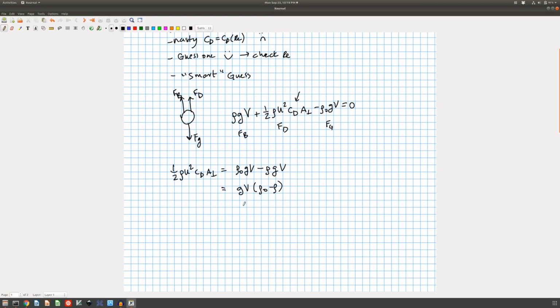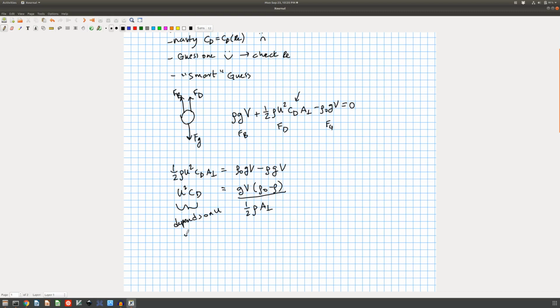And now I'm going to leave CD over here. That's a dimensionless quantity, and I'm going to leave the u squared for a minute. So I'm going to leave u squared CD, and then I'll divide over here by 1/2 rho and the projected area. The reason I'm doing this is I want to isolate on this side all of the stuff that depends on u.